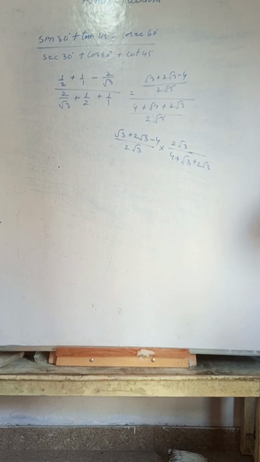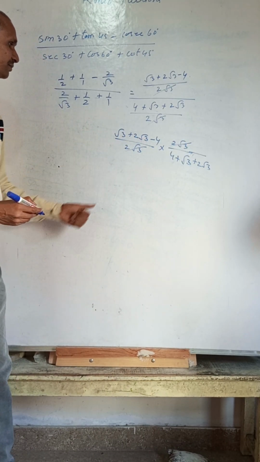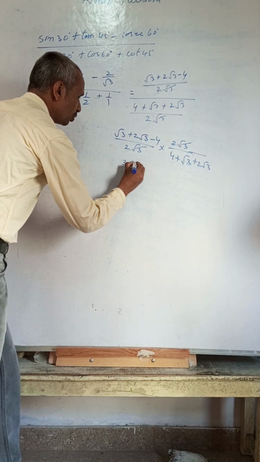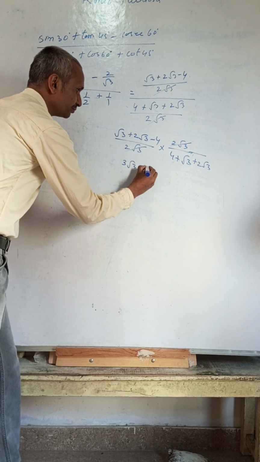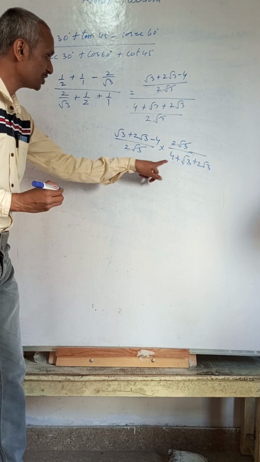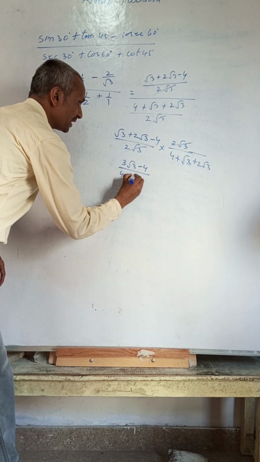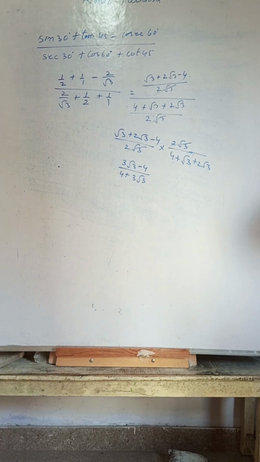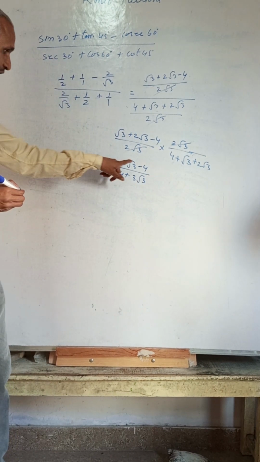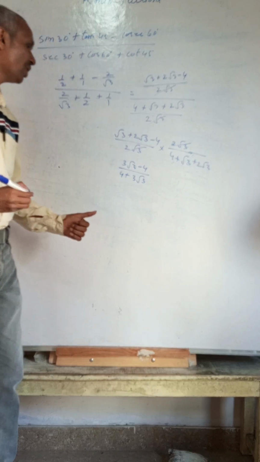The 2 root 3 cancels, and we can add the root 3 terms, so this becomes 3 root 3 minus 4 over 4 plus 3 root 3. Now the numerator and denominator are not the same, so you can cancel or leave it here.